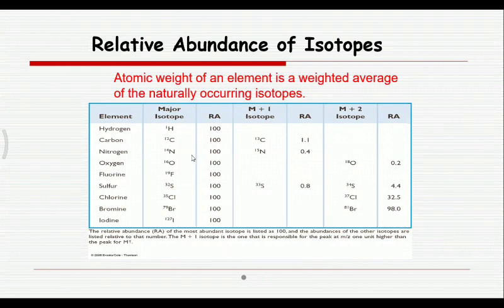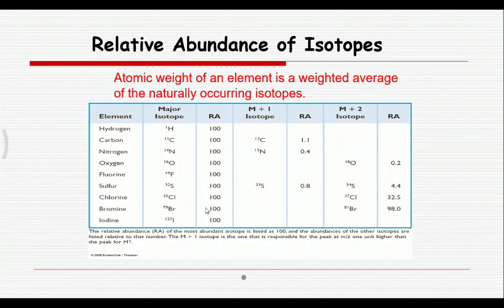You need to understand what this relative abundance means. Nitrogen also has two isotopes, N14 and N15. Oxygen has two isotopes, O16 and O18, but the relative abundance is very less. O16 is almost 100%, whereas O18 is 0.2%.